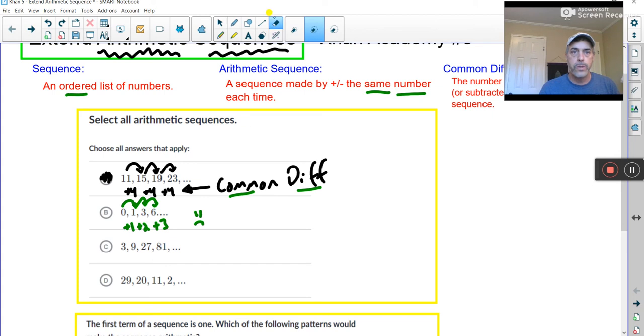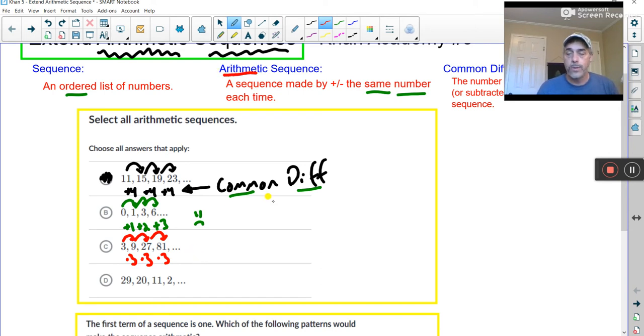I can also notice that if I were to multiply by 3 and then multiply by 3, then 3 times 3 is 9, 9 times 3 is 27, 27 times 3 is 81. So there is a repeated multiplication, but that's not an arithmetic sequence. That sequence goes by a different name, and we'll look at that later, much later.